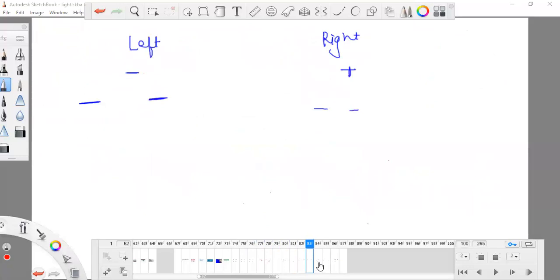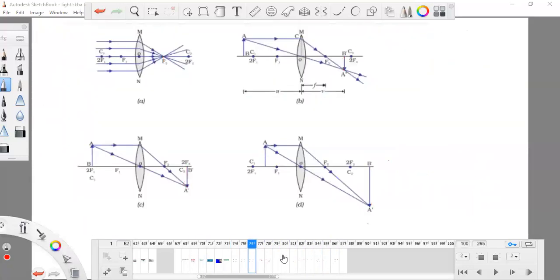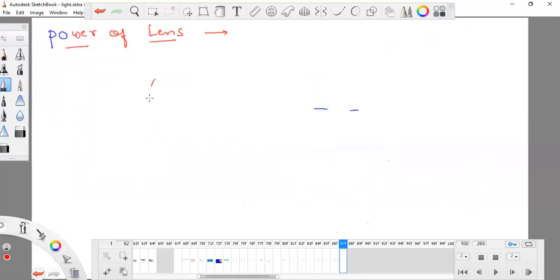Maybe I have deleted the other one, so I'm drawing this again. This is the convergence. The convergence is when this lens, don't draw this, just bend it from here. This is convergence.